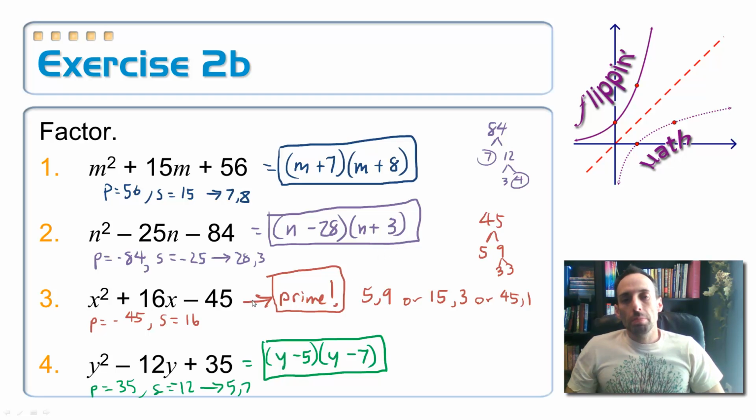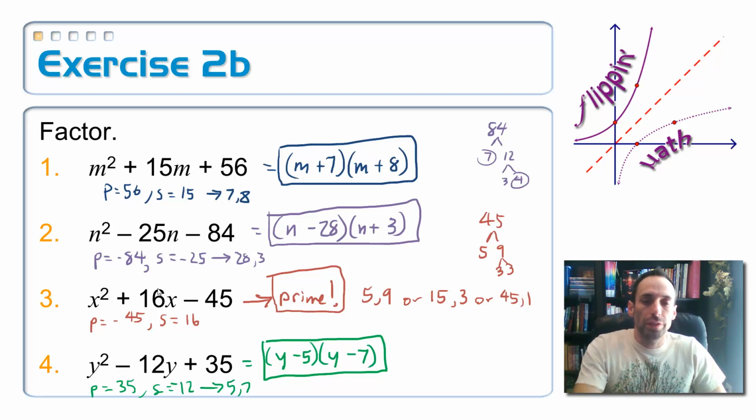Number 3 might have been kind of tricky. Negative 45 is our product, and they have to add up to 16. You might have gone, maybe 5 times 9, but 5 plus 9 is not going to give us 16. So I made a little factor chart.